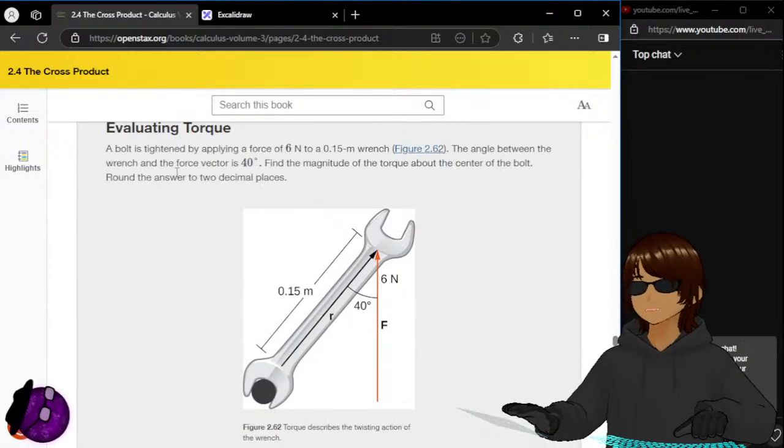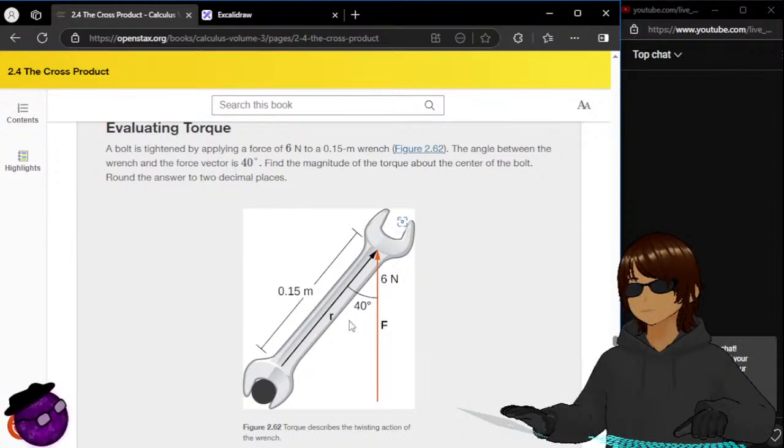A bolt is tightened by applying a force of 6 newtons to a 0.15 meter wrench. The angle between the wrench and the force is 40 degrees. The force is applied directly upwards. Find the magnitude of the torque about the center of the bolt. Round the answer to 2 decimal places.